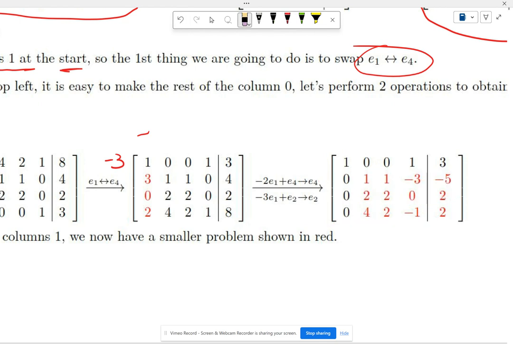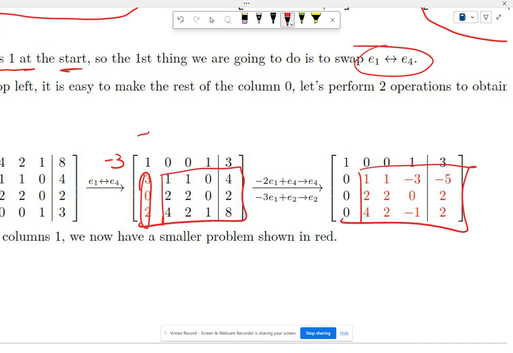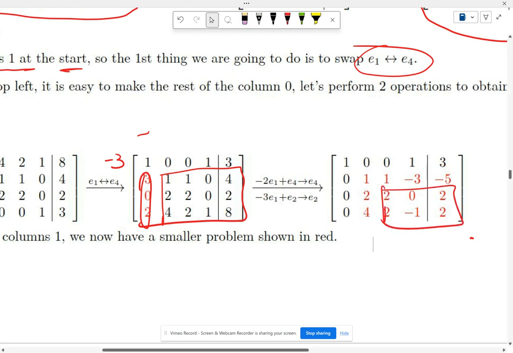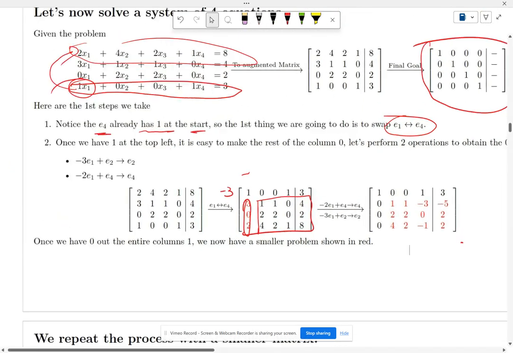So every single time you zero them out, you end up with a smaller problem. Notice it's red here. You don't have to worry about these anymore. You already zeroed them out. And once you solve all the zeros here, it once again becomes an even smaller problem, and then an even smaller problem. So each time you're decreasing the dimension.